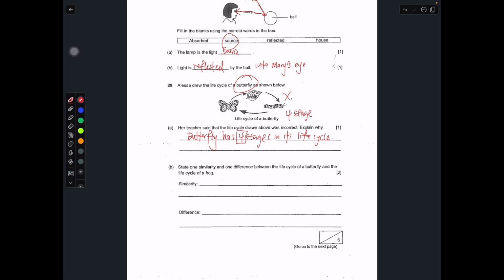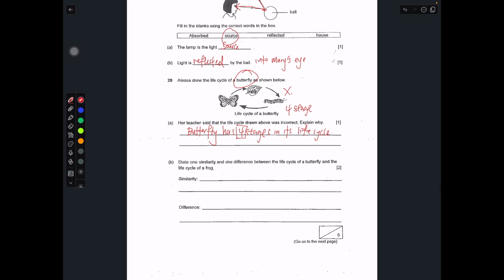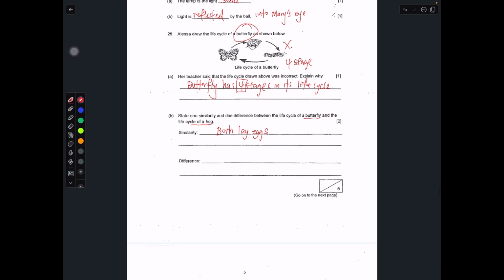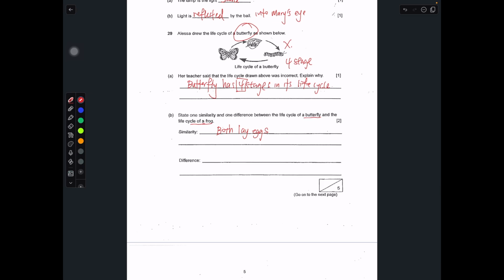State one similarity and difference between the life cycle of a butterfly as well as a frog. So the butterfly and the frog both have an egg stage. Both of them must lay eggs. Both lay eggs. The frog itself is a 3 stage life cycle, while the butterfly is a 4 stage life cycle. So that can be your difference.